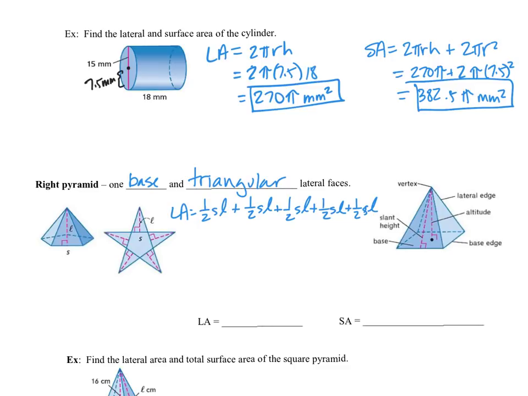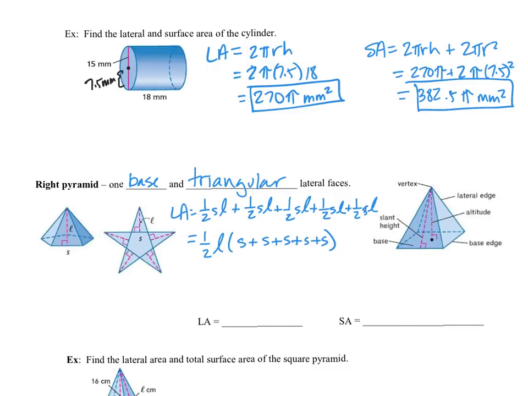So now what I'm going to do next is notice each one of these has a 1/2 L in common. I'm going to pull that 1/2 L out. I'm going to factor it out. So when I do, I'd be left with S plus S plus S plus S plus S. Well, looking at our picture, S plus S plus S plus S plus S is also the perimeter of the base.